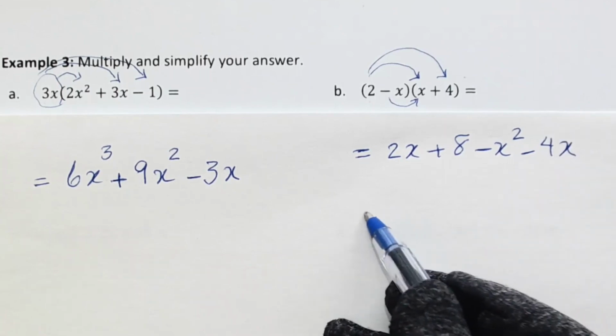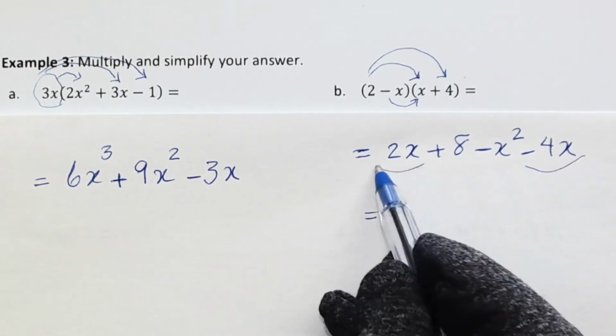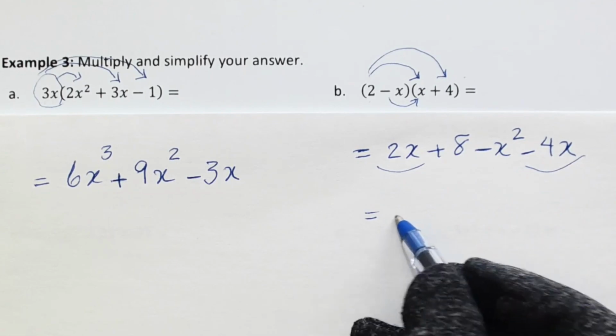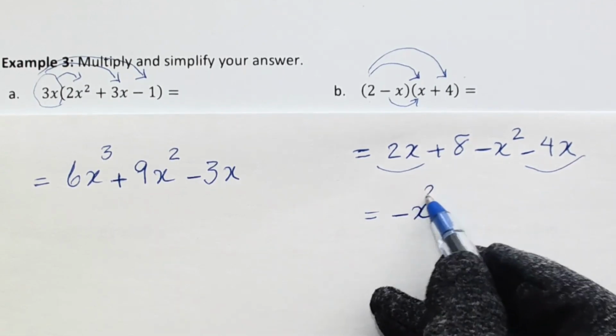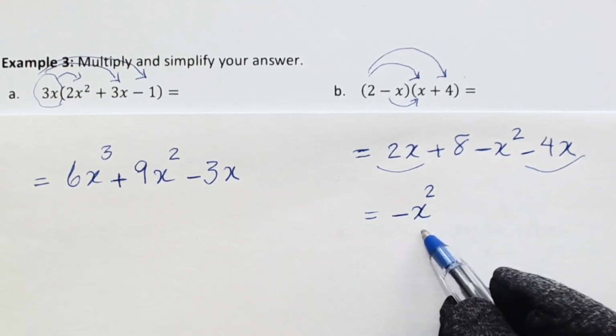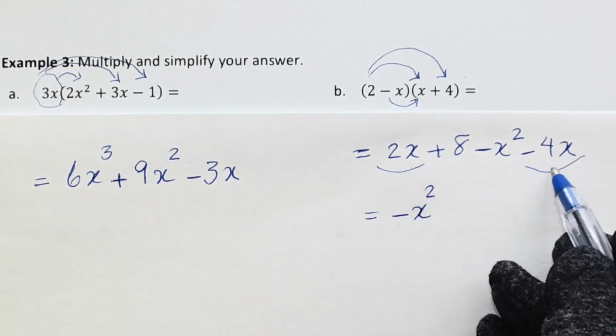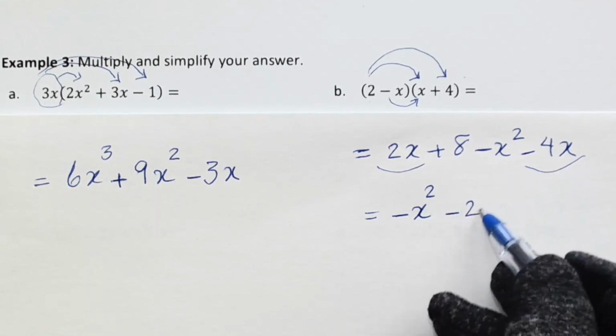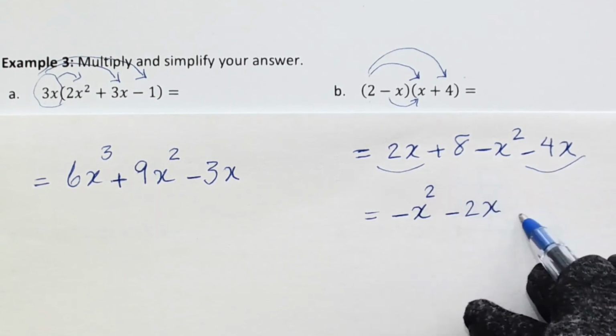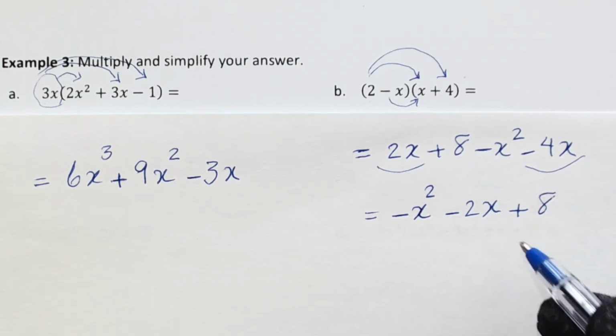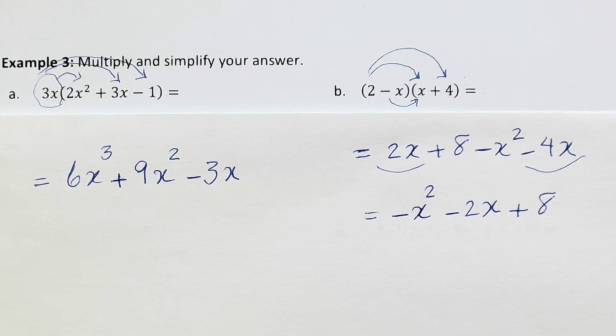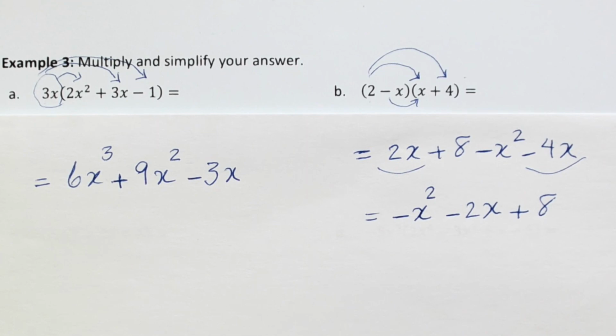In this example, negative 4x and 2x are like terms. Minus x squared is just one term and doesn't have any similar term. 2x and negative 4x give negative 2x, and positive 8. This is the final answer. It means multiplication of two polynomials gives you a polynomial.